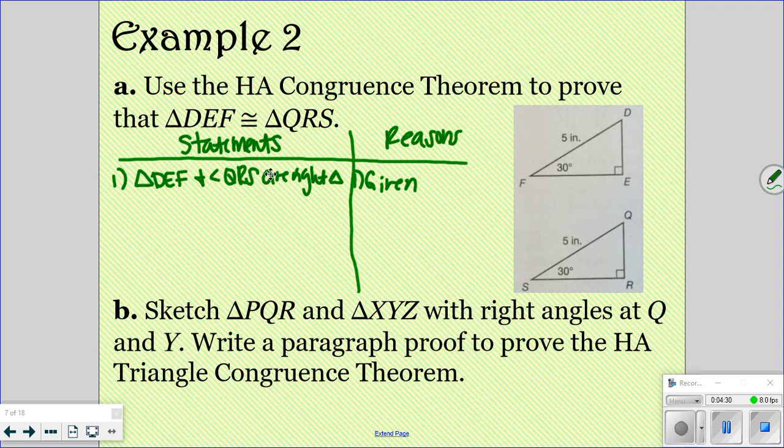We are also given that DF is congruent to QS. So both of those are your given. Another thing that we know in the given is that angle F is congruent to angle S. So all three of those would be our given.